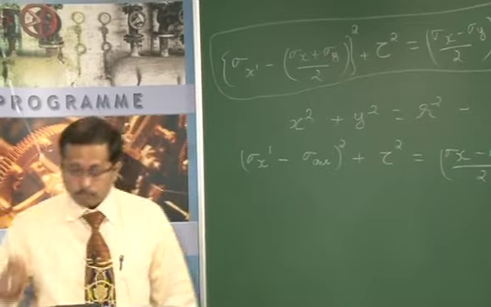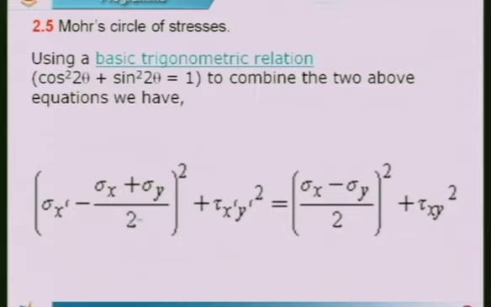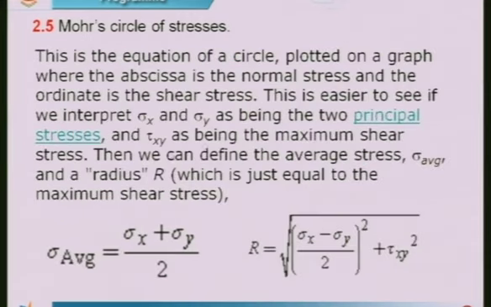Now let us go back to the PPT. Look at this, this is the equation that I have derived just now. It corresponds to x square plus y square equals r square. As I discussed, sigma average is given by sigma x plus sigma y by 2, and r, which is the radius, is given as the root of sigma x minus sigma y divided by 2 whole square plus tau xy whole square.